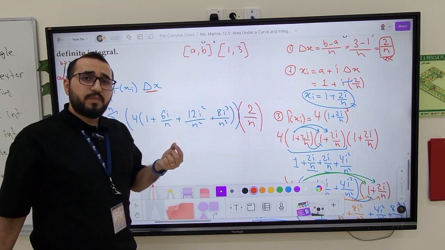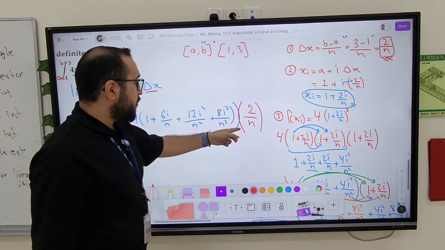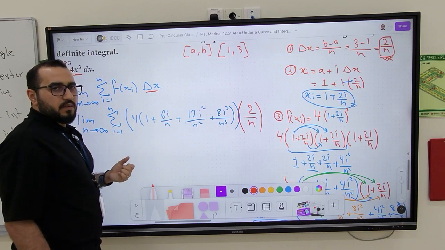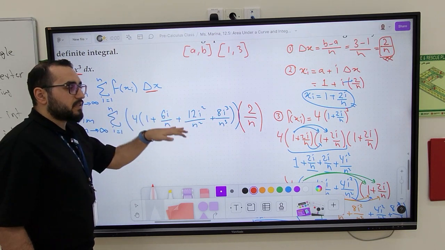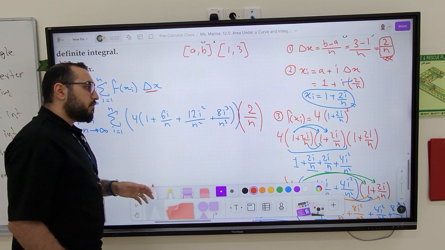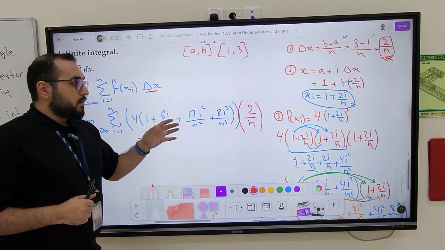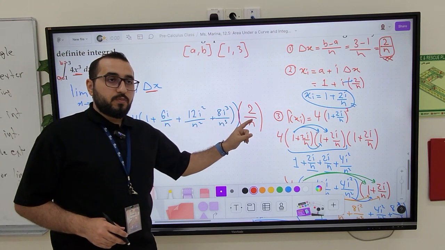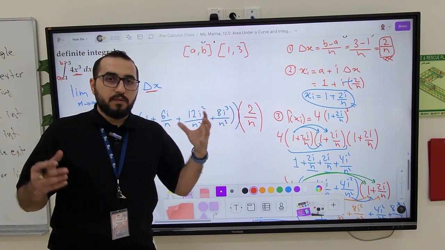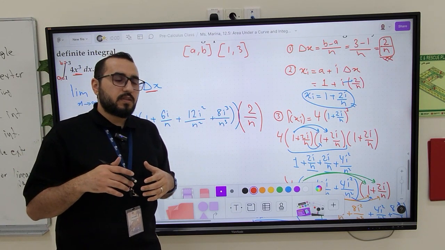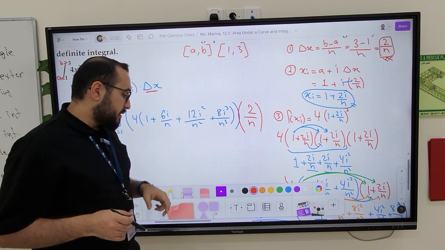Taking the 4 outside makes the numbers small. Or I can multiply the numbers and get the big numbers, and if we have time, I will do it by taking the common factor outside.